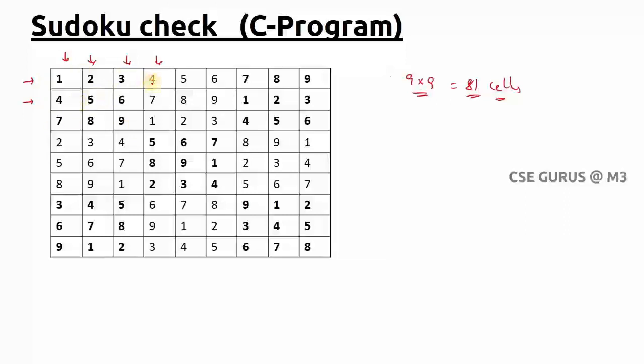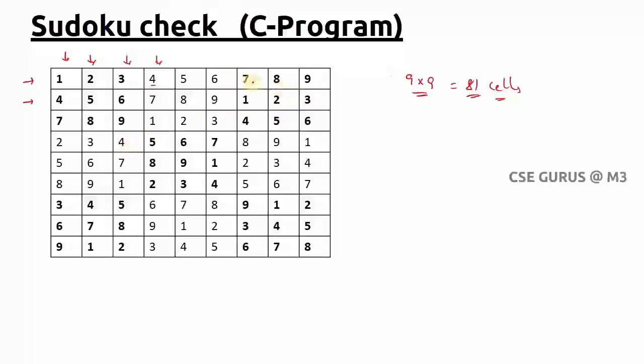Starting from here, the first row 4th column to first row 6th column, second row 4th column to second row 6th column, third row 4th column to third row 6th column. Also you need to check whether all these 9 cells consist of the digits 1 to 9 exactly once.